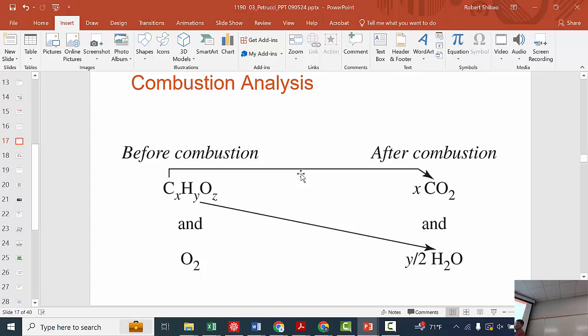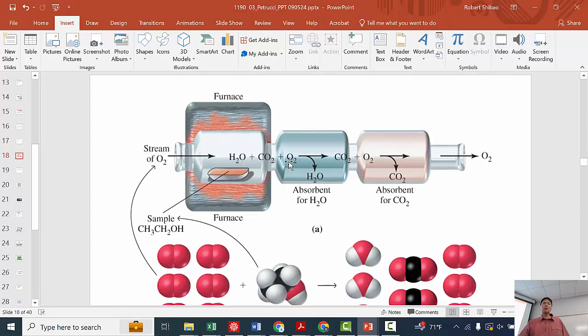We lose track of the oxygen because the oxygen we get in CO2 and water comes from two sources, our original unknown and the oxygen that comes from air. And so oxygen makes it a step harder.